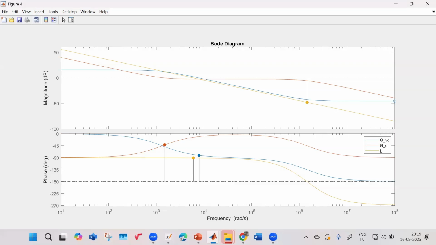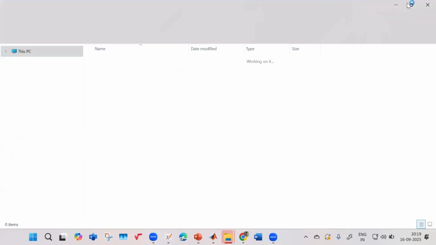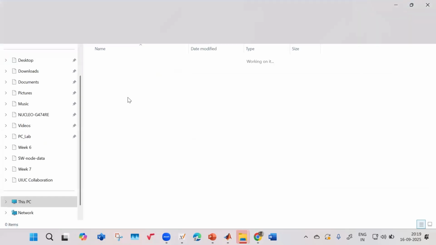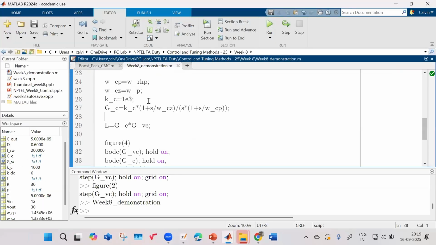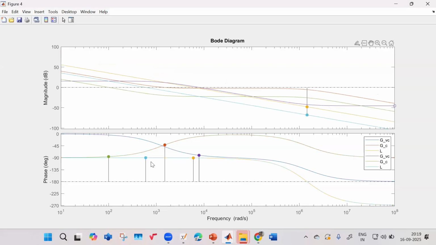Let us try one more case, right? Let us change KC from 1E3. Sorry, let us make it 1E2. Just one try. Let us run it and see how it looks. Okay.